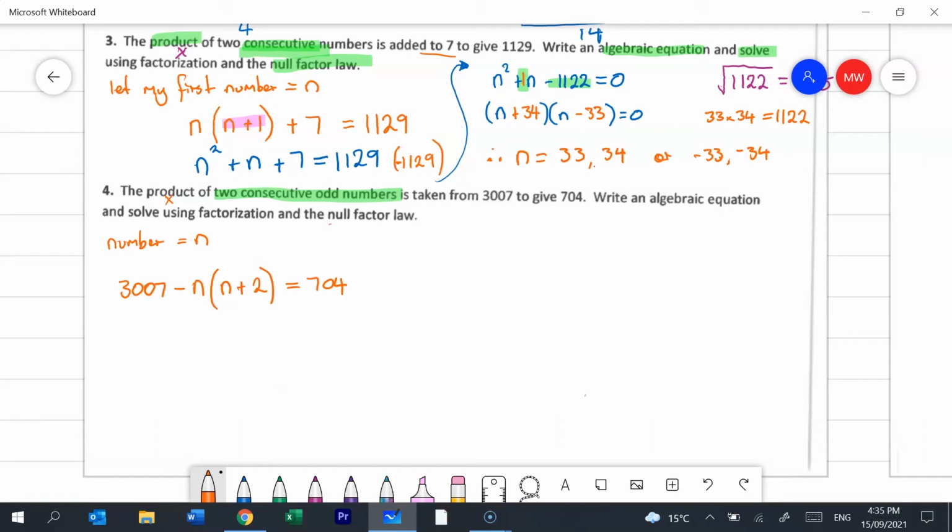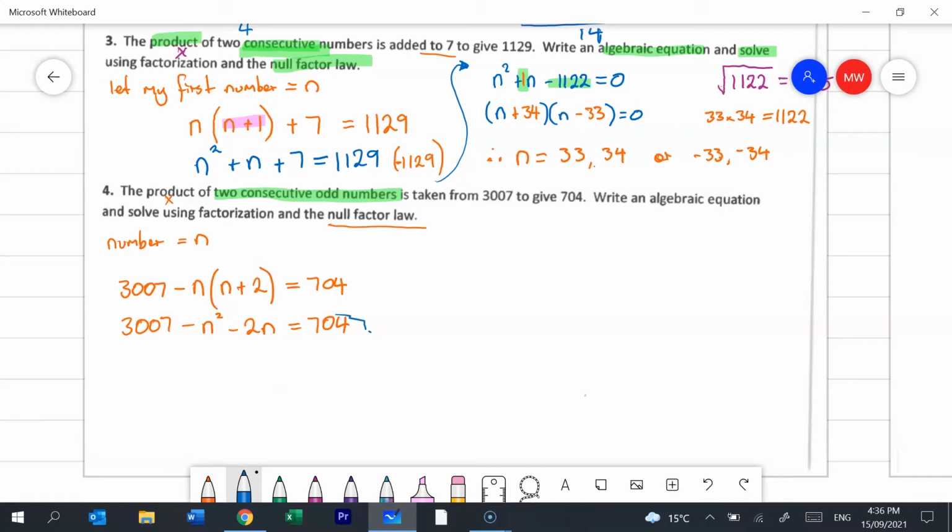Let's expand it. We're going to use null factor again to solve it. So let's expand. We've got 3007 minus n squared minus 2n equals 704. Balance method.